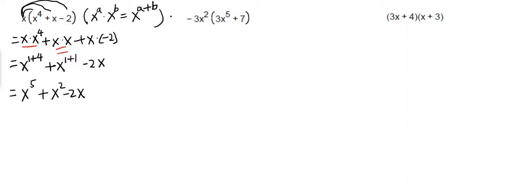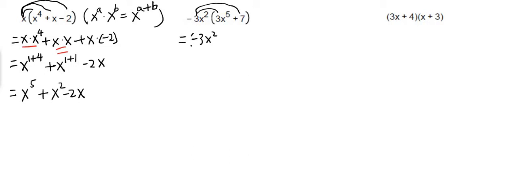Now let's take a look at the second example. We're going to follow the same strategy: let this term times the first monomial, -3x squared times 7. We have -3x squared.